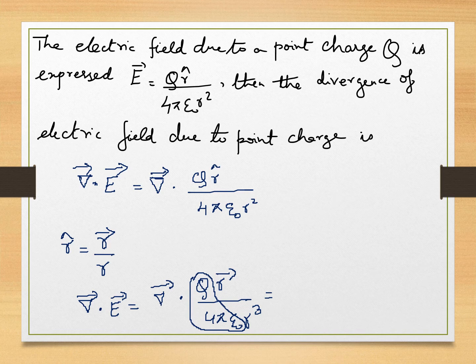We can write q by 4 pi epsilon naught del vector dot r vector by r cube. Now it is known that del vector dot r vector by r cube is 0.